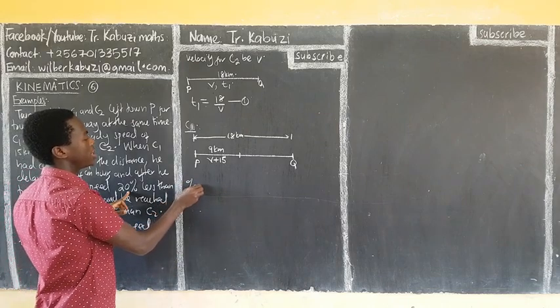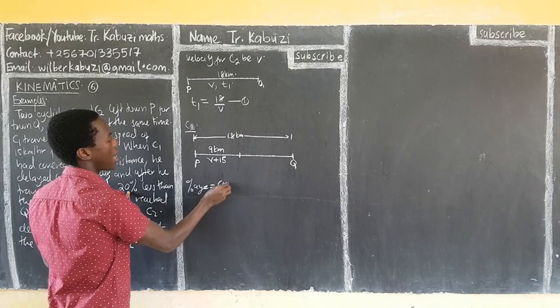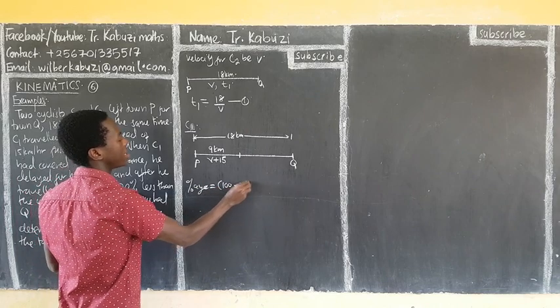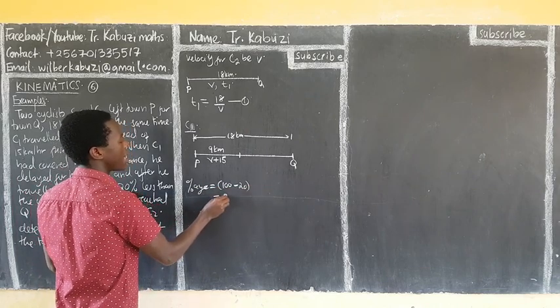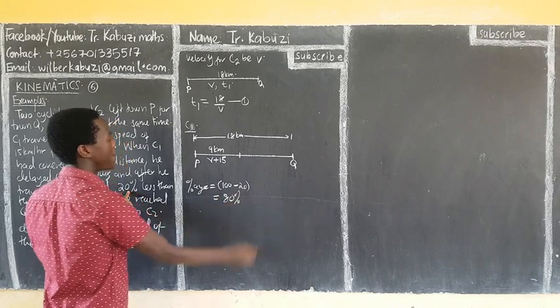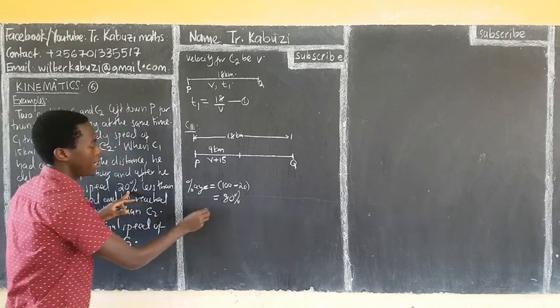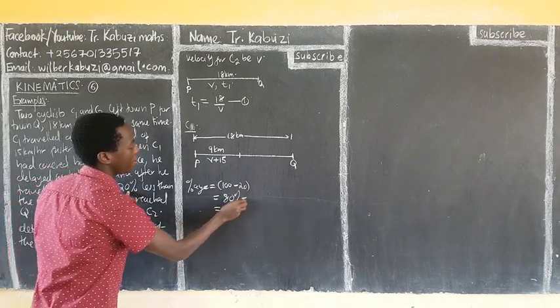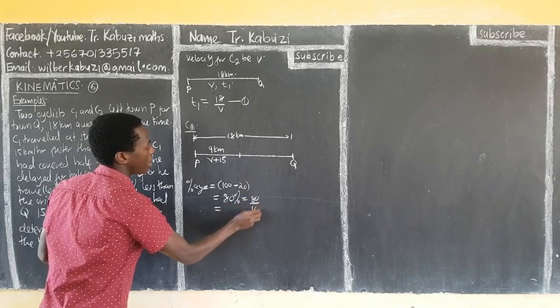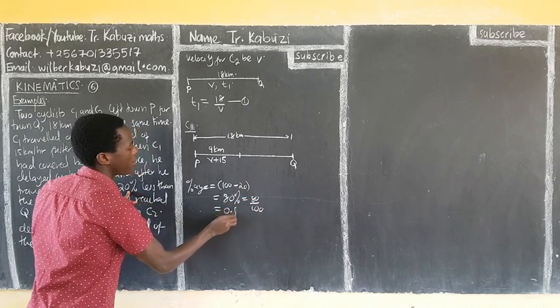the percentage is going to be now 100 minus 20, meaning that this man now covers at 80%, which is 80 over 100, which is going to be 0.8.